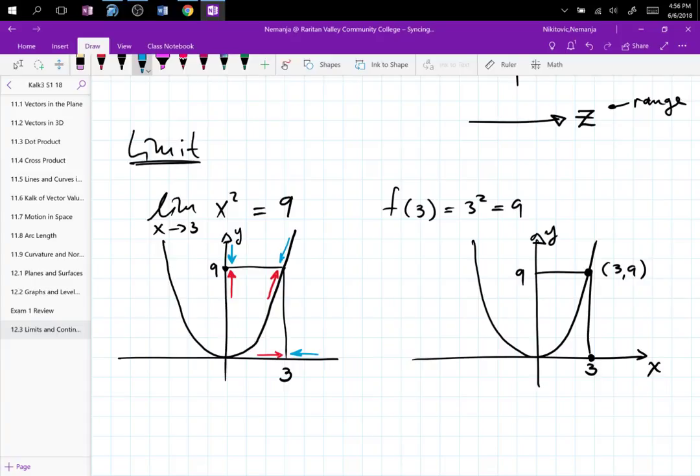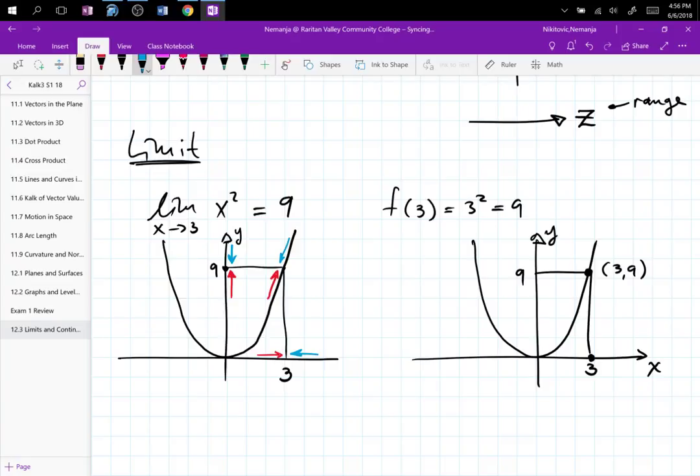You can see from the graph that both red and blue are squeezing into 3, and then the red and blue on the y-axis are both squeezing into 9. So the left calculation, the red one, gives you 9, and the right calculation, the blue one, is also giving you 9. Therefore, the answer is 9.